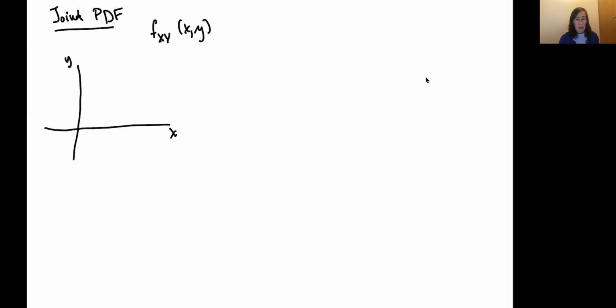So thinking about then what the PDF would be, it would be some additional dimension coming out of the board here, floating above the XY plane, and the height at which it's floating above would be the value of the PDF.